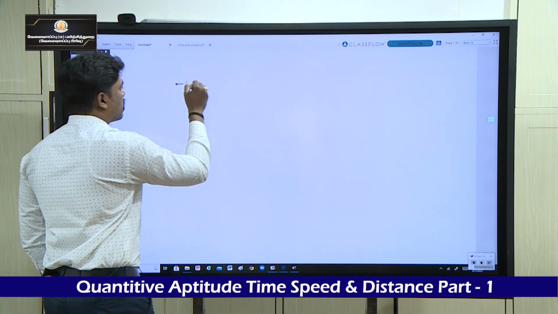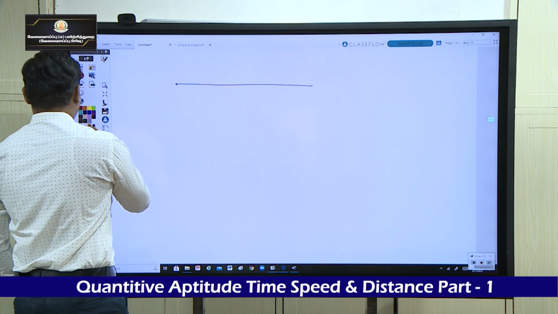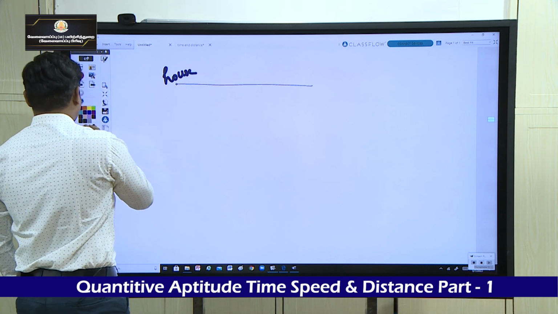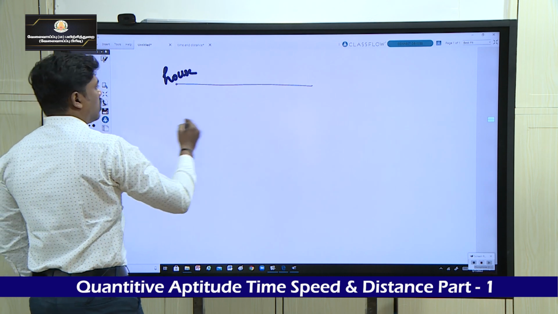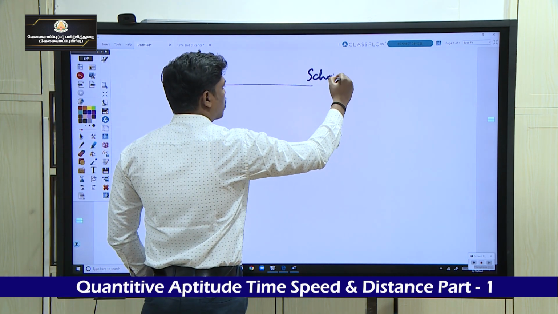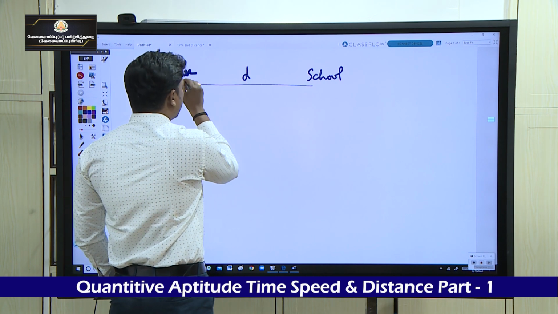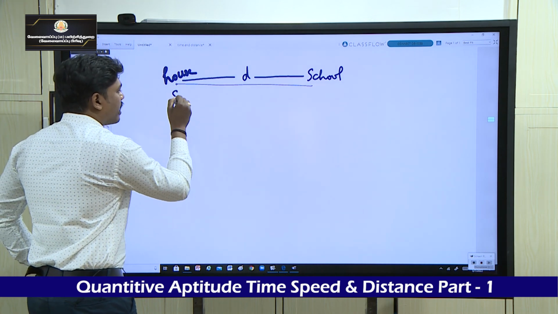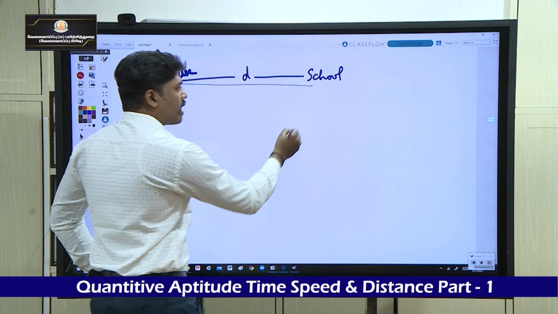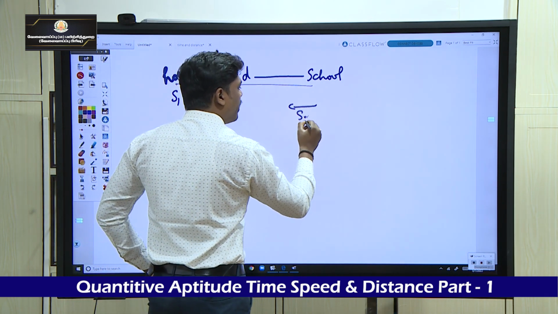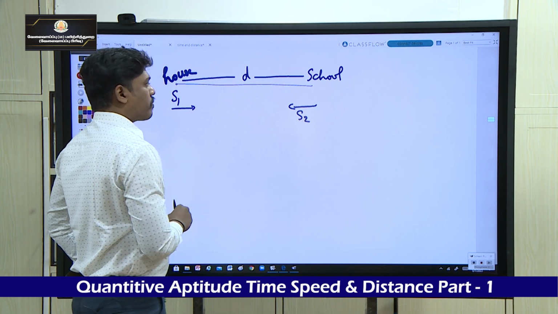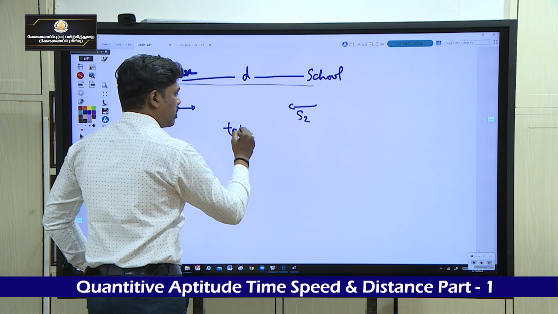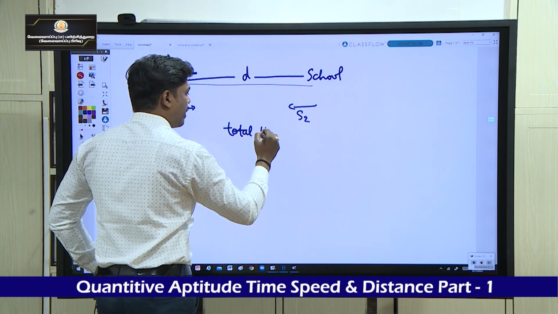Here this is the house, and this is the school, and the distance between them, take it as D. The boy goes at a speed of S1 kilometer per hour and comes back at a speed of S2 kilometer per hour, and T is the total time taken.